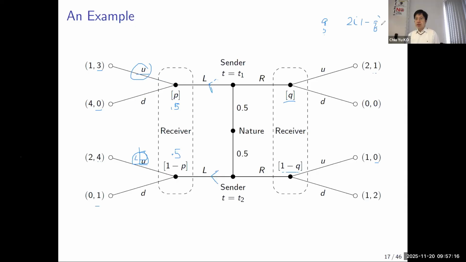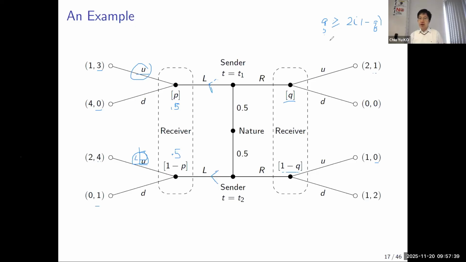So with the math, you will see if Q is large, you choose U. If Q is small, then you will choose down. And the threshold will be calculated by setting them equal, or you make it above, which is fine. So what's the probability that you would choose up over down?